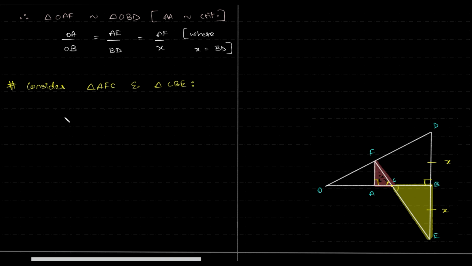So what is it that we're looking at? Angle ACF is equal to angle ECB. These are vertically opposite angles.